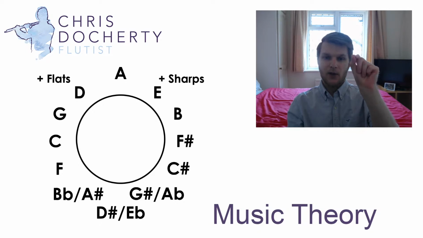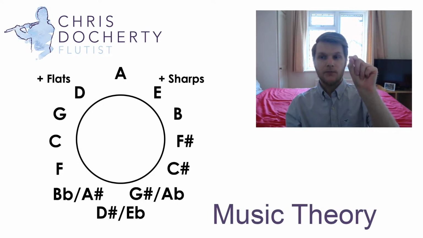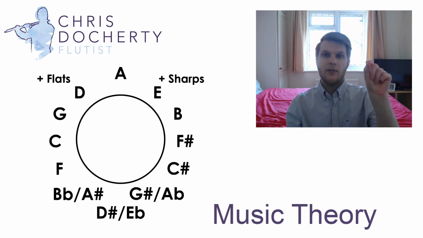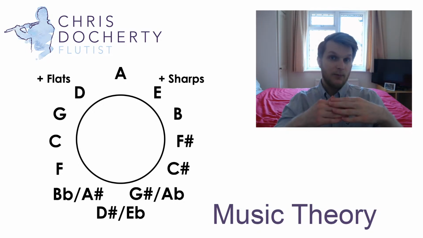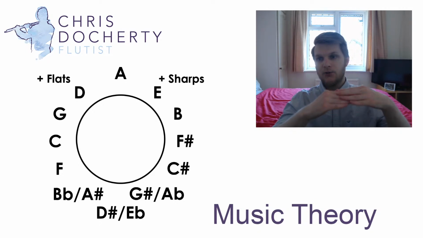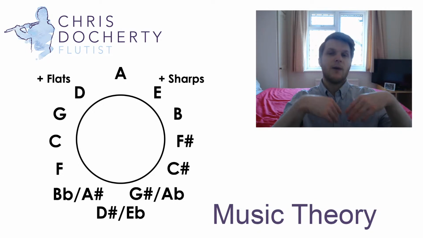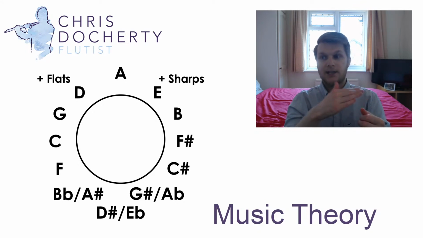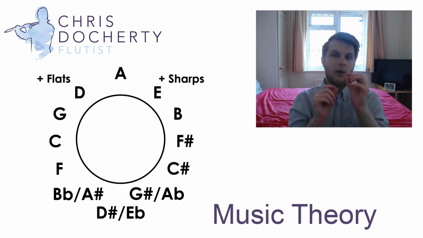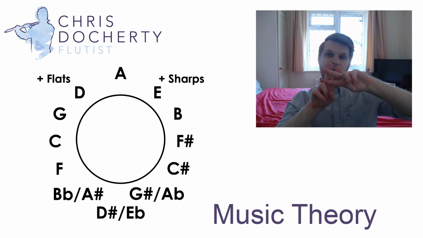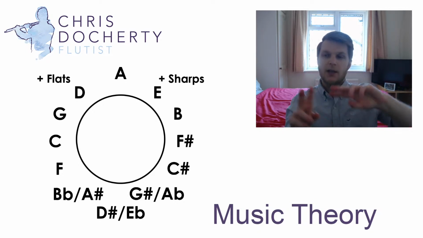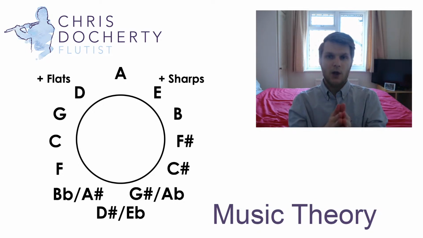Now, how do we find the sharp that we add? All we do is we go A to E, and then we go up one note in the alphabet, which is F. So A, B, C, D, E, F, G. So we go E to F, and we stick a hashtag or a sharp in front of it. And then we have the sharp for that key.